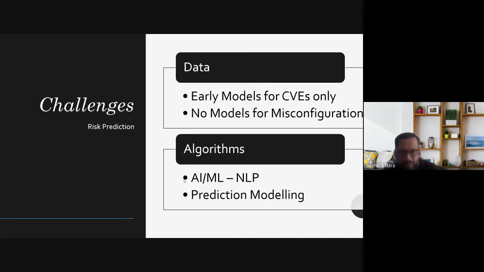You can have a website misconfiguration like a missing security header, and there is no exploit prediction system for that. There are no models yet for those kinds of misconfigurations because they're very subjective, but that makes the problem challenging, right?